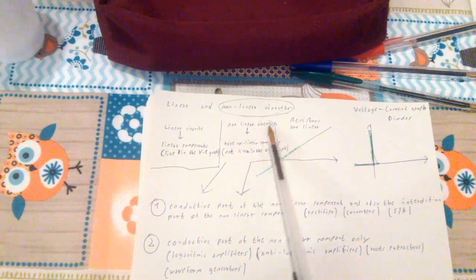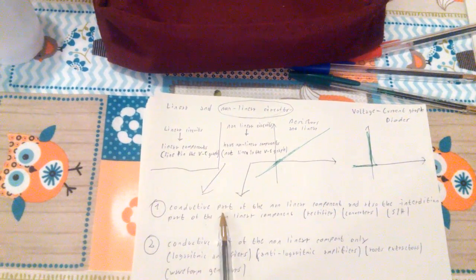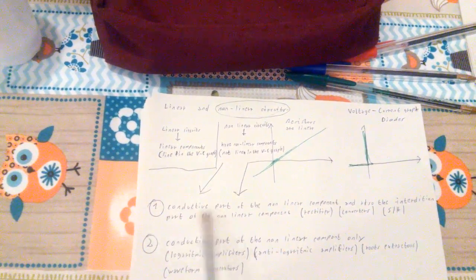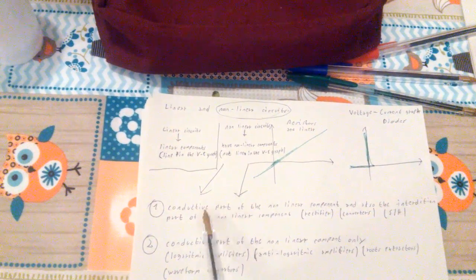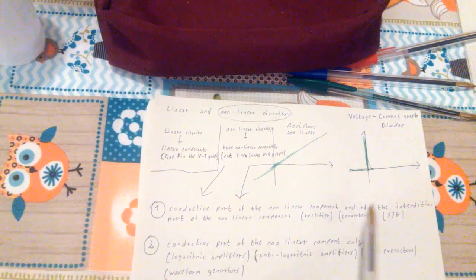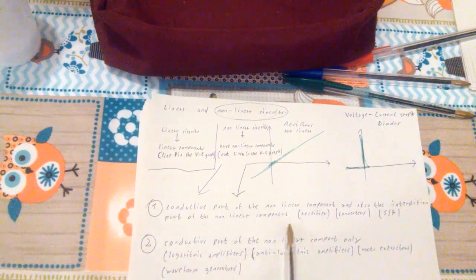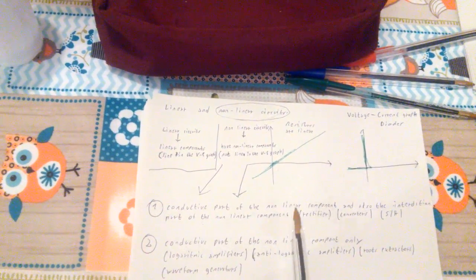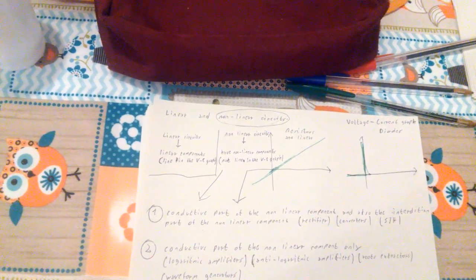Those nonlinear circuits are also divided into two categories. The first category is formed by those that make use of the conductive part of the nonlinear component, and also make use of the interdiction part. We have rectifiers, converters, sample-and-hold circuits, and so on.